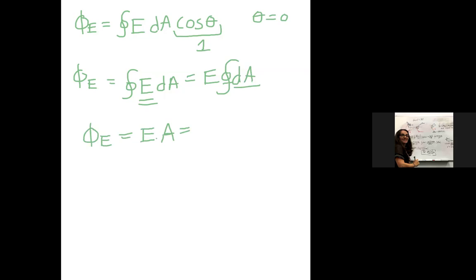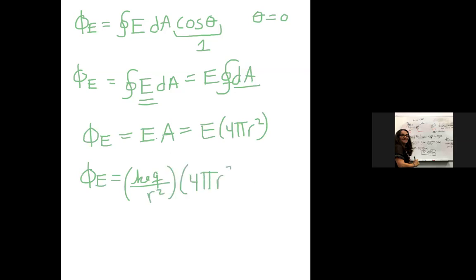And what is A? Well, it's the surface area of that balloon, a spherical balloon, 4 pi r squared. So the flux is the electric field times 4 pi r squared, and we know what the electric field is. It's KEQ over r squared times 4 pi r squared.